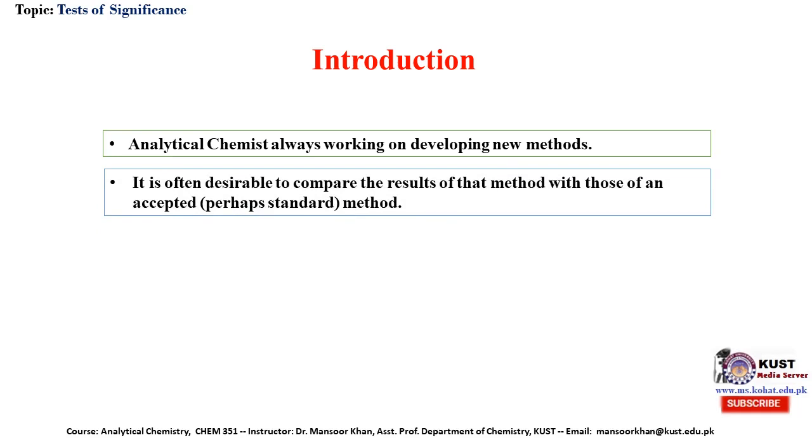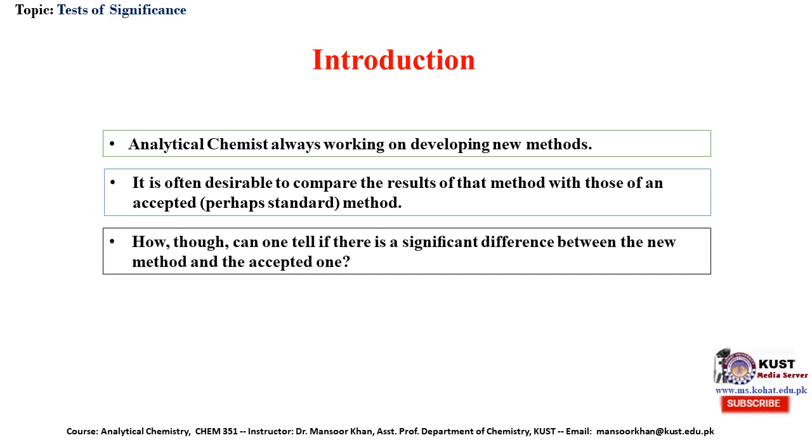Therefore, when a method is developed, it is often desirable to compare the result of that method with those of an accepted, perhaps standard method. The standard method, which is already reported in the textbook, is then used as a standard for the newly developed method. The newly developed method is then compared with the standard method which is already published in the literature.